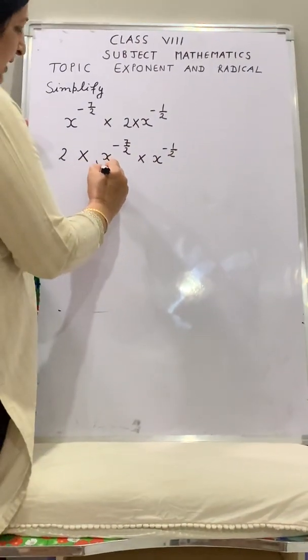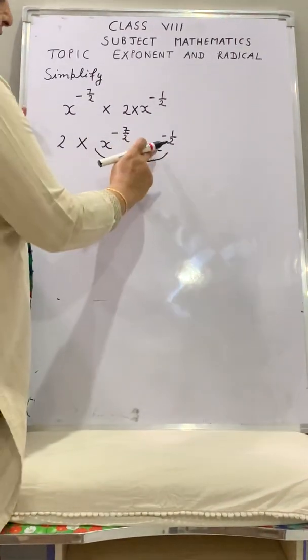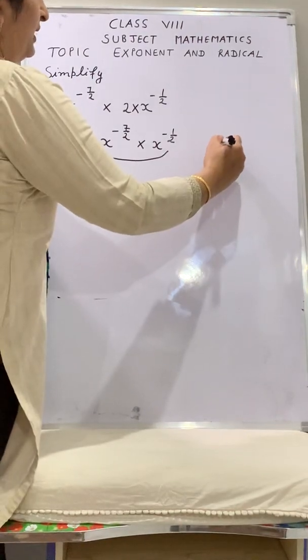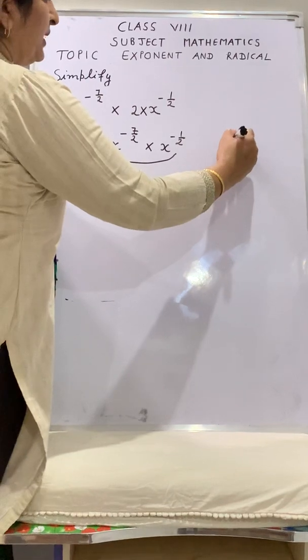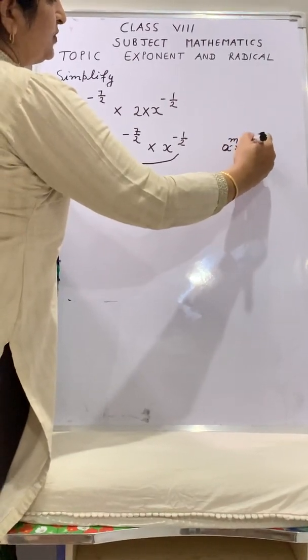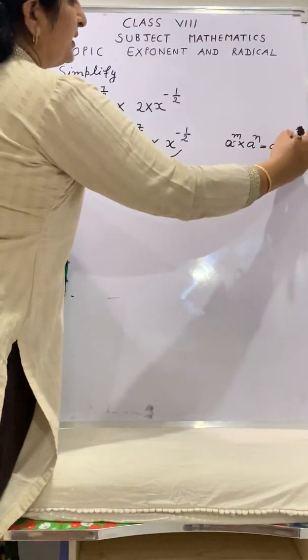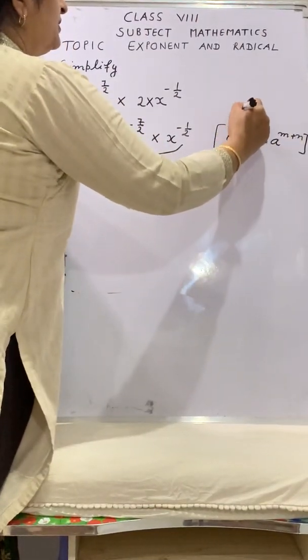Here we will apply the law of exponent. Bases are same but exponents are different. We will apply a raised to power m multiplied by a raised to power n equal to a raised to power m plus n. You can write the used law.